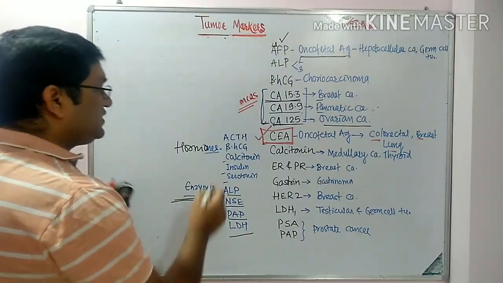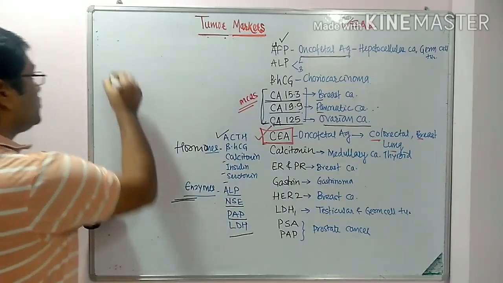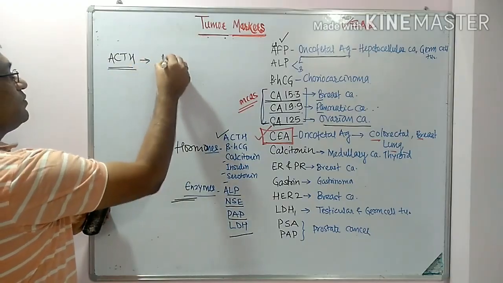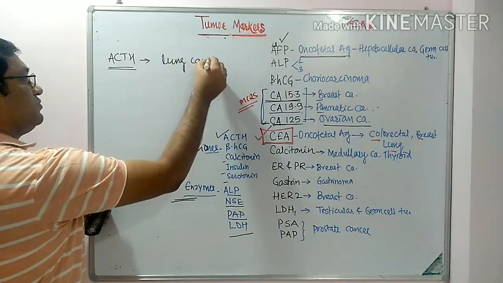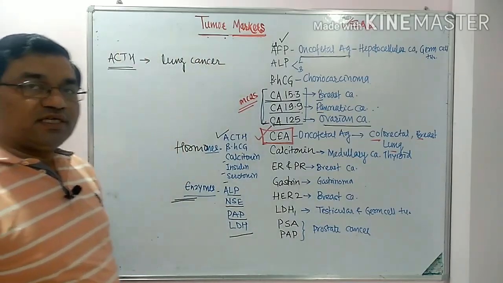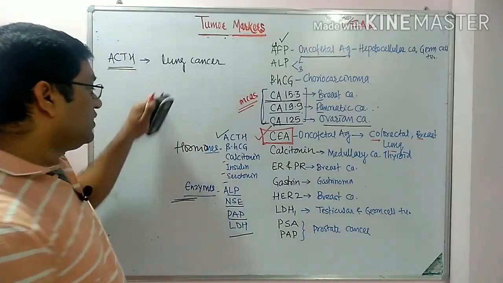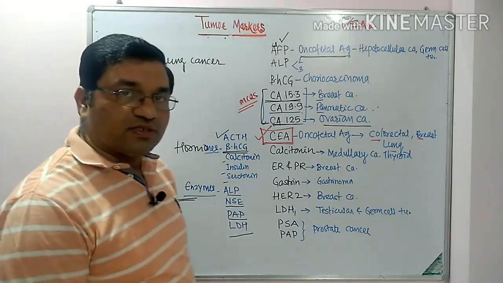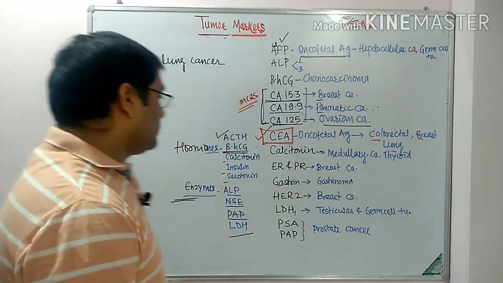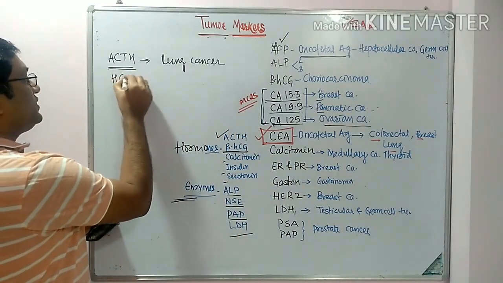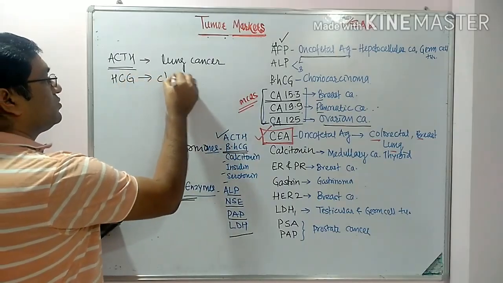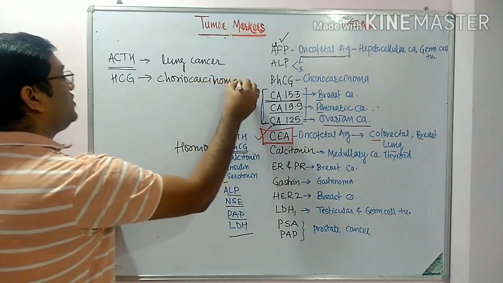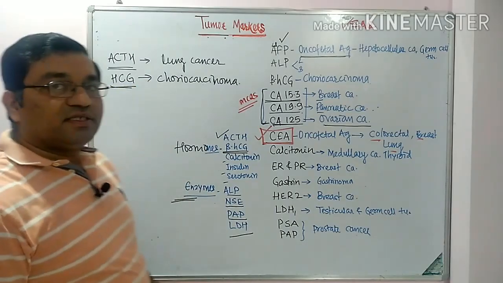Then various hormones. ACTH: ectopic ACTH production is useful in detection of lung cancer. Beta HCG, human chorionic gonadotropin, is useful in the detection of choriocarcinoma, and various germ cell tumors can be detected by the HCG concentration.